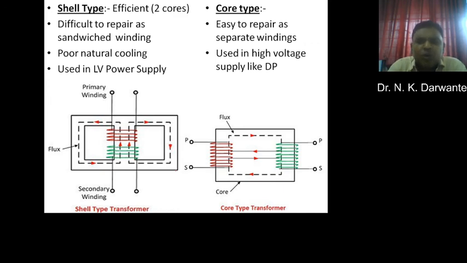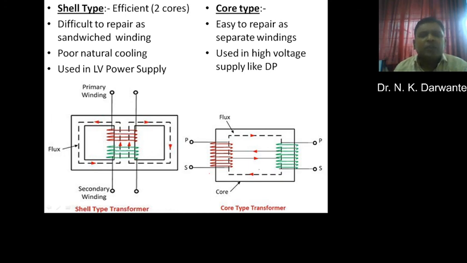There is one laminated core, then primary is there, secondary is there. How many limbs are there? These parts are known as limbs. In the core type of transformer, there are two limbs.